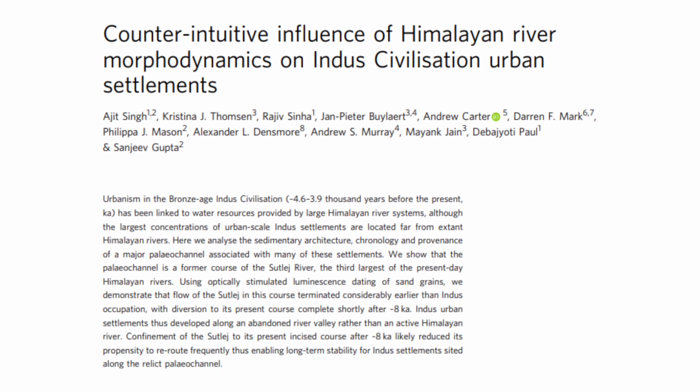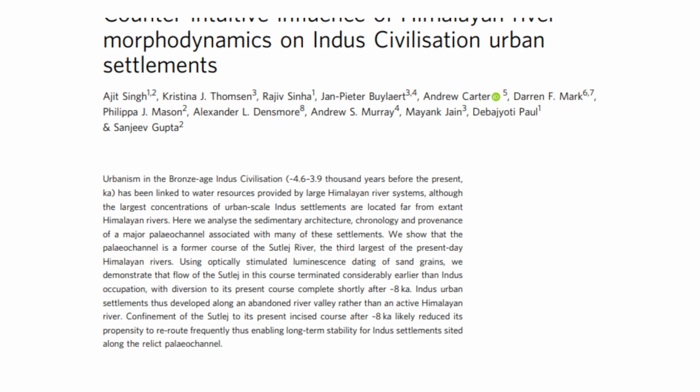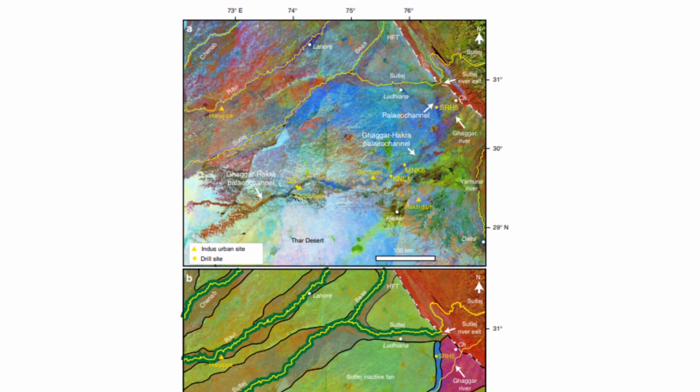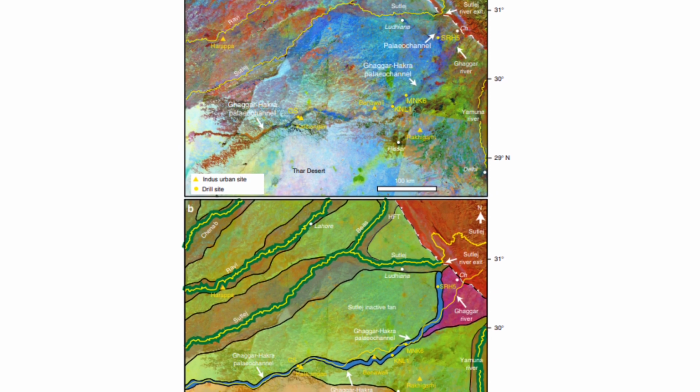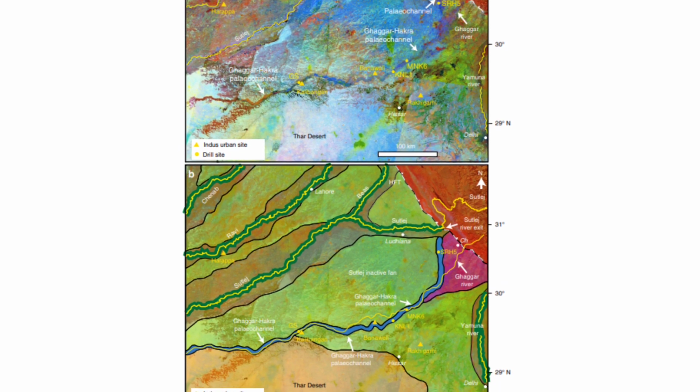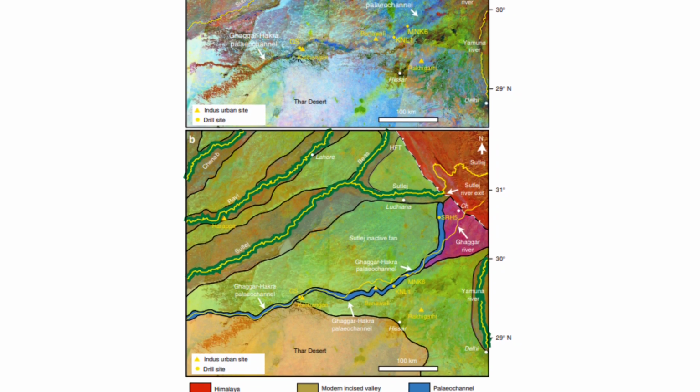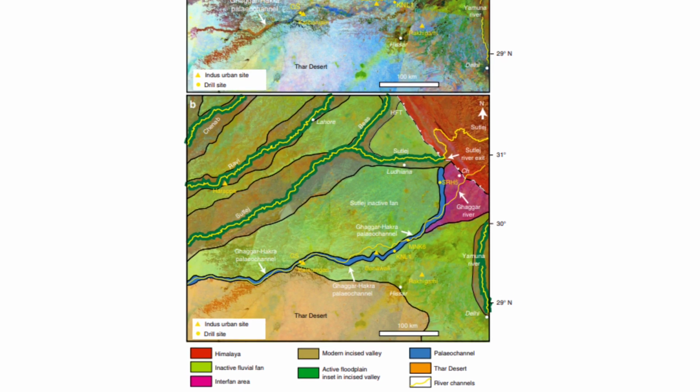Dating the sand grains through OSL or optically stimulated luminescence dating showed that the flow of the Sutlej in this course terminated considerably earlier than the Indus urban occupation, such as Harappa and Mohenjo-daro. So they boldly concluded that it was the departure of the river rather than its arrival that triggered the growth of the Indus urban civilization or Indus cities.